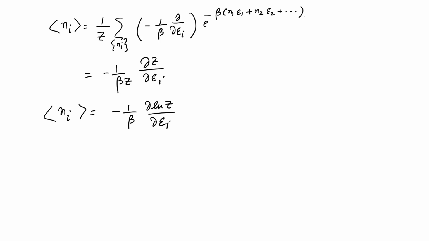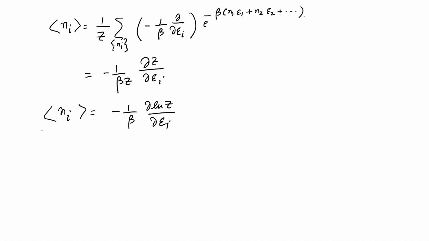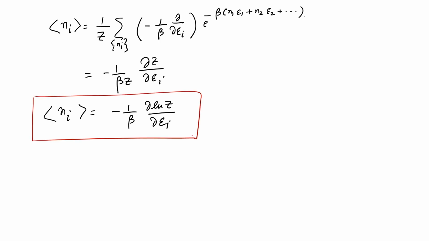You have the partition function, take the log of the partition function, take a derivative with respect to epsilon I, and that gives you your average particle number.